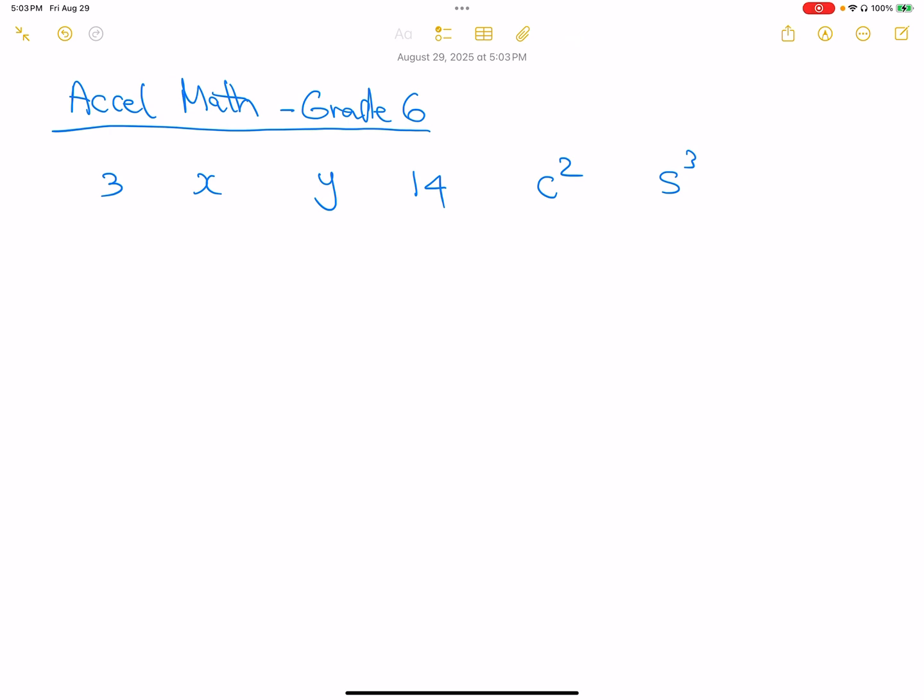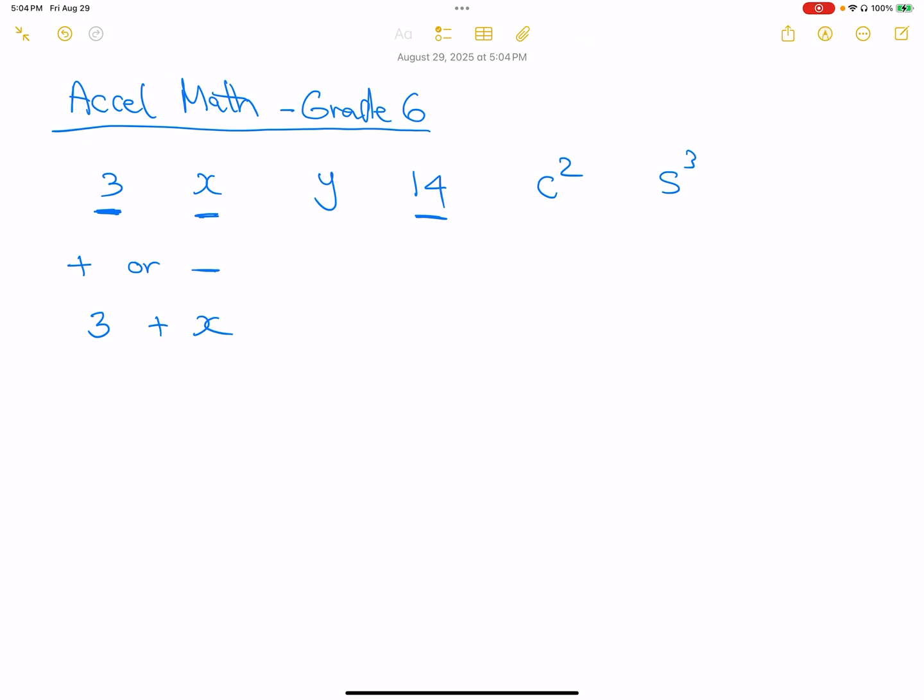Now, terms can get combined to create expressions. So for instance, we can grab, let's say, the 3 and the x and the 14 and make an expression out of it. Well, we make expressions by putting plus or minuses between terms. So we would say, for instance, 3 plus x. That's an expression.